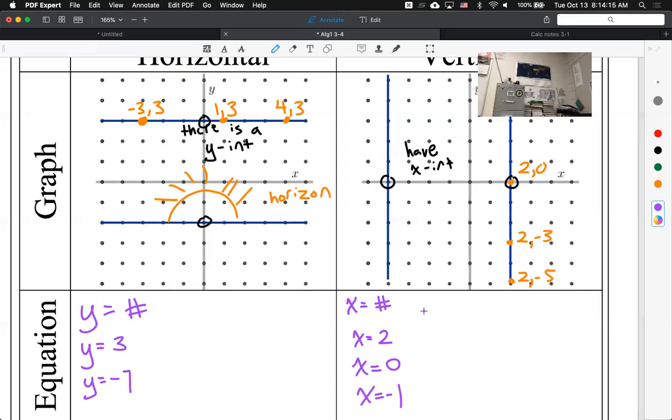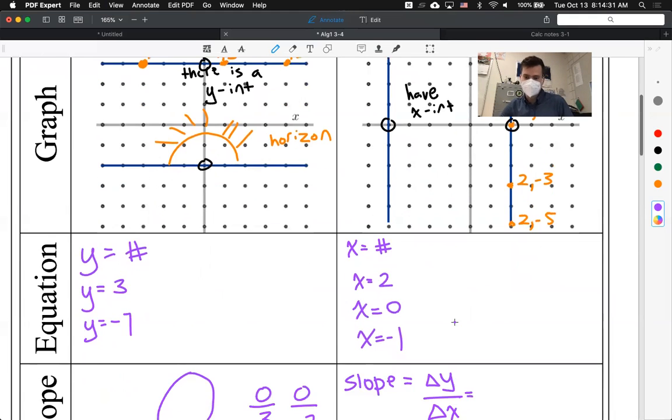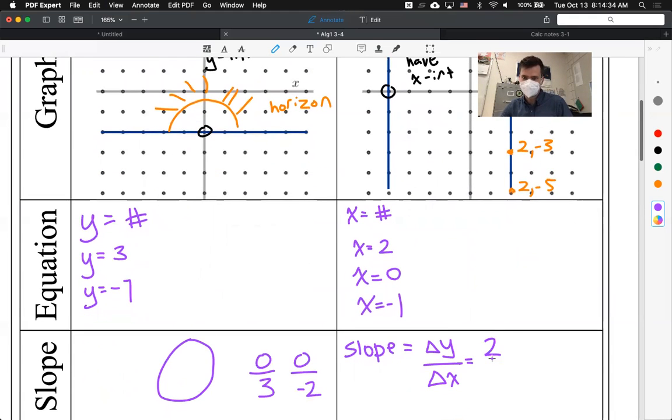Because that's the numerator, right? My change in y over my change in x. I've changed by going down 2. So I can say -2. I can say up 2. It doesn't matter which direction I'm going. +2, -2. The answer is still going to be the same. Question? Okay. So I can say that my numerator here, my change in y is 2.